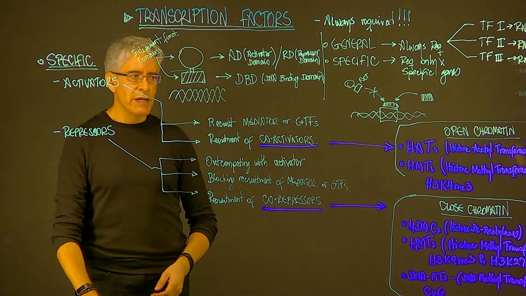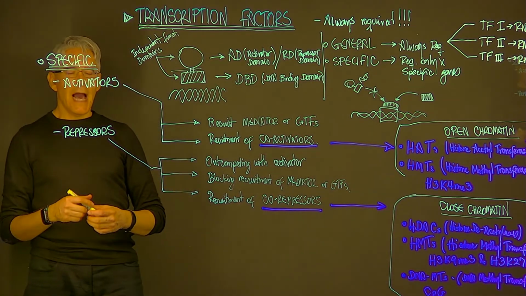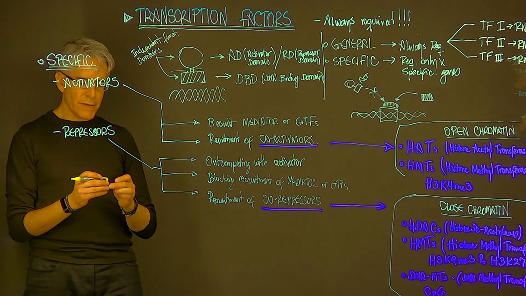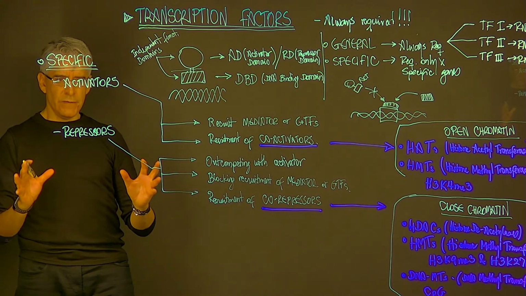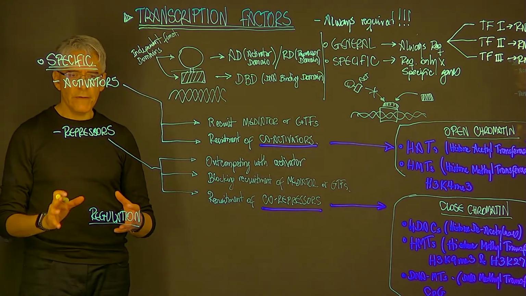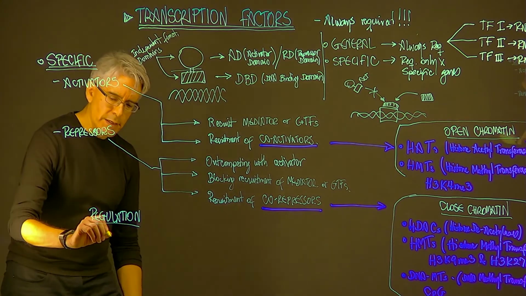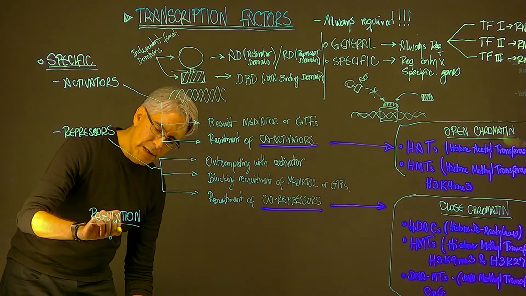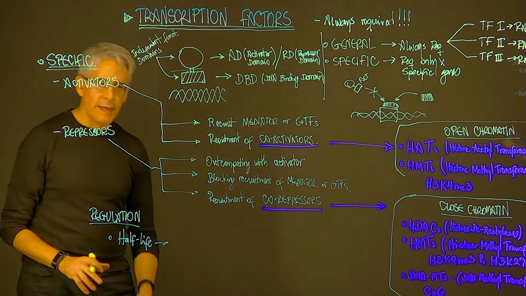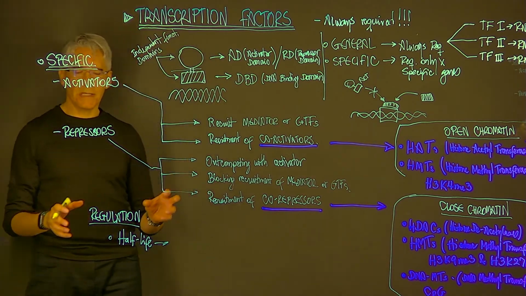All right, so let's talk now about how you regulate the activity of transcription factors. So transcription factors are regulated by three different mechanisms. The first level of regulation for transcription factors is by shortening the half-life of the protein. And this is a feature of most transcription factors.